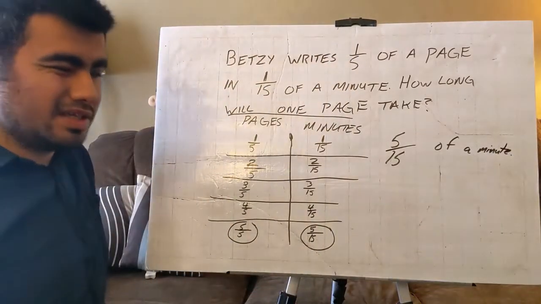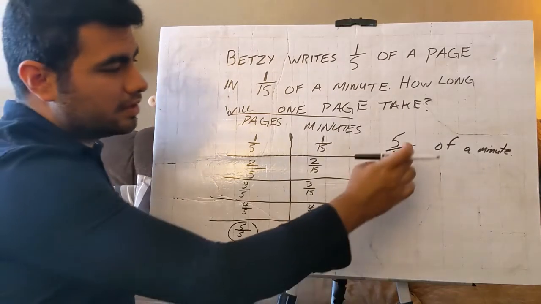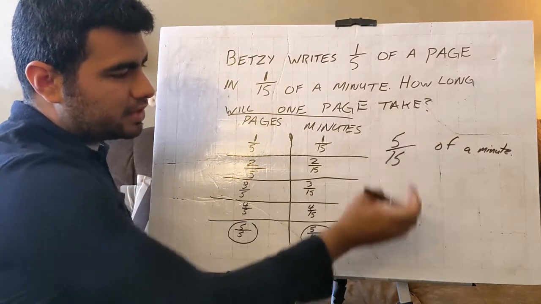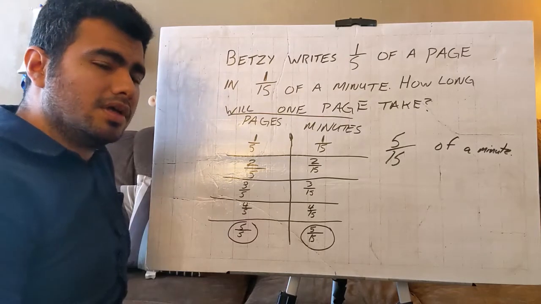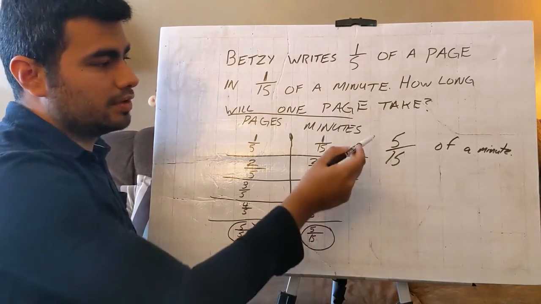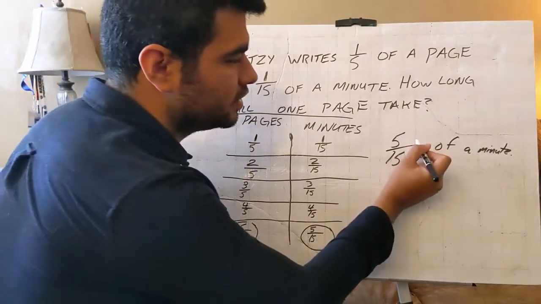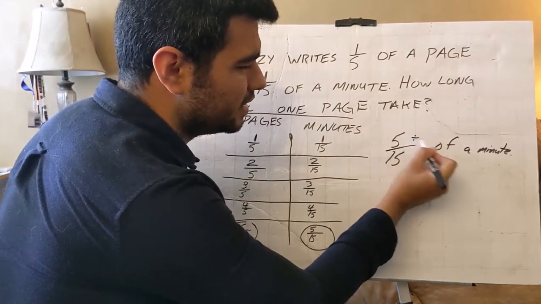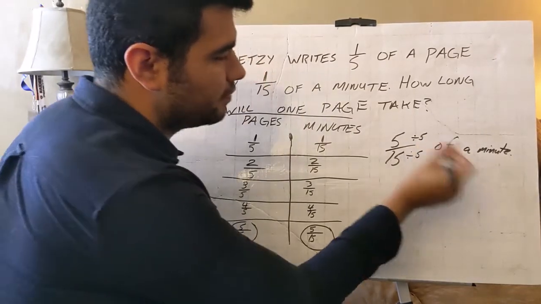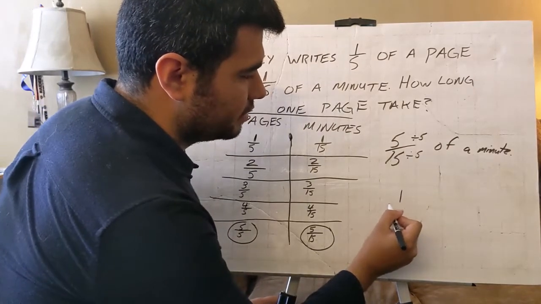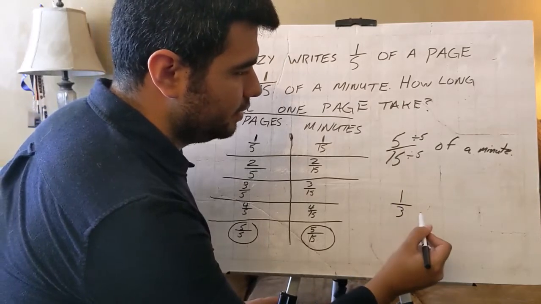Now, we're not completely done though, because we can actually simplify this just a little bit. I noticed that I can divide my top by 5 and I can divide my bottom by 5. If you see stuff in common between the numerator, the number on top, and the denominator, the number on the bottom, you can divide that out, just so you get something that's a little bit easier to look at. 5 divided by 5 gives me 1. 15 divided by 5 gives me 3.